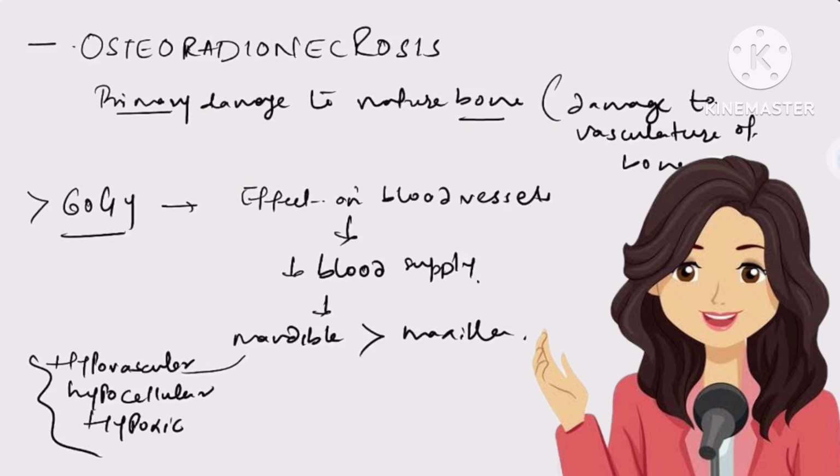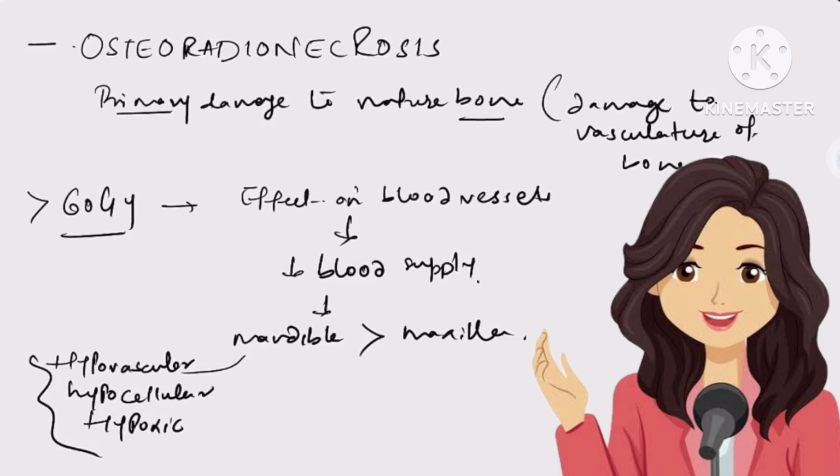So what we do is, if a patient is going to undergo radiotherapy, beforehand we do all the procedures which can cause trauma to the mucosa, so that all the infections, all the carious teeth are removed, and then after 2 weeks of healing, we can send the patient to radiotherapy. All right. So this is about osteoradionecrosis.